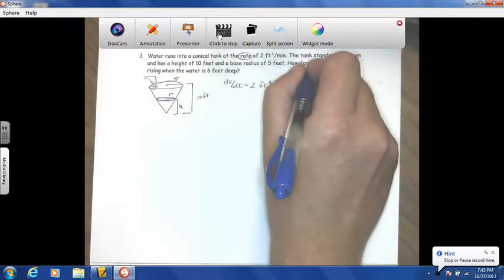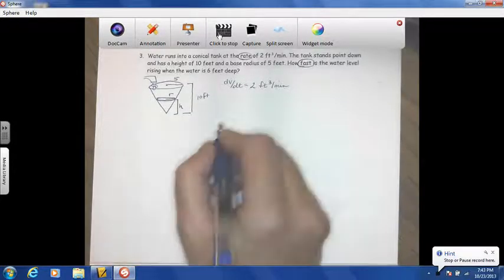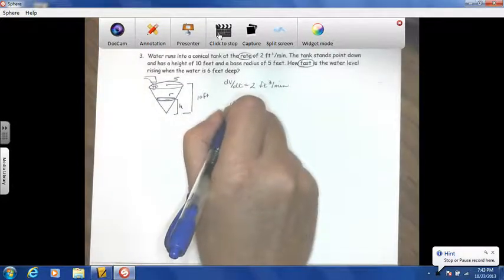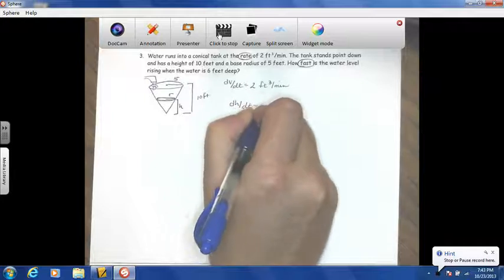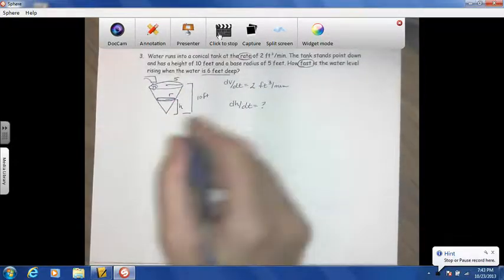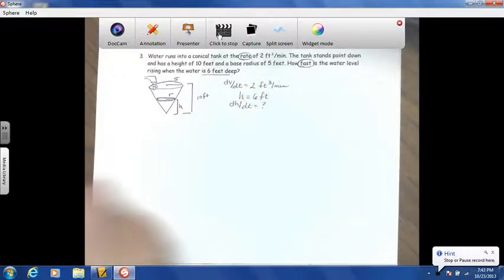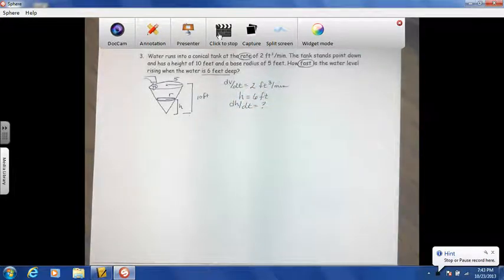How fast it's changing is talking about a rate. A rate is talking about the derivative. So we are trying to find dh/dt at the instant when the water is 6 feet deep. 6 feet deep is the instant when the h, or the height, is 6.